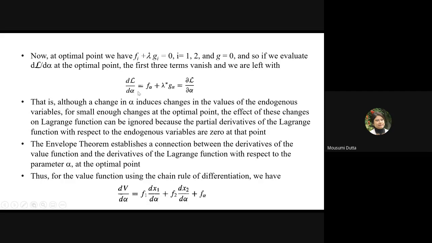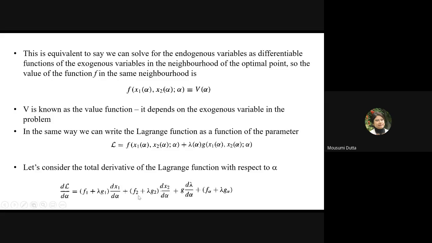Why? Because at optimum, all these parts are equal to 0, and for that matter we can ignore the change in x1 with respect to alpha and the change in x2 with respect to alpha in the neighborhood of optimum.